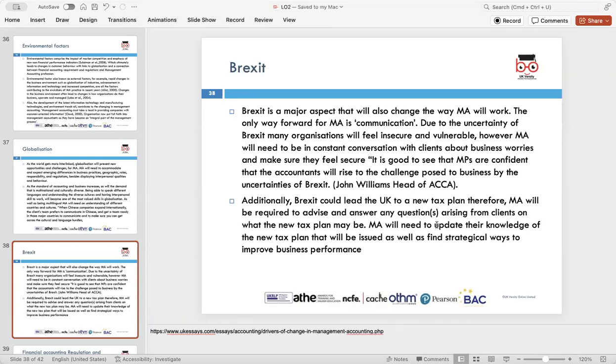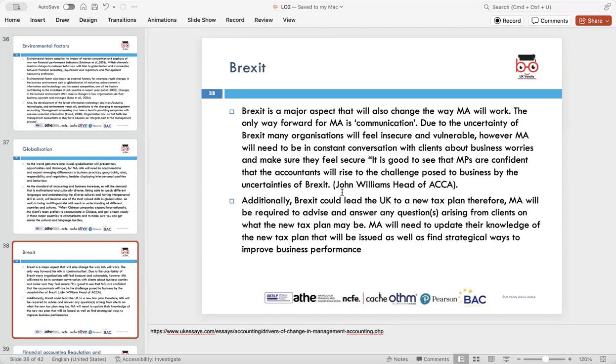The head of the ACCA, Mr. John Williams, says that accountants will rise to the challenges posed to businesses by the uncertainties of Brexit.